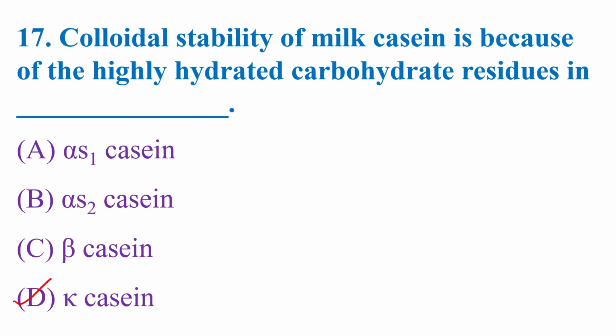Actually this colloidal stability over here refers to the ability of the milk protein, that means the caseins, to remain dispersed in the milk without clumping or precipitating. Now this kappa casein will play a key role over here in the stability.